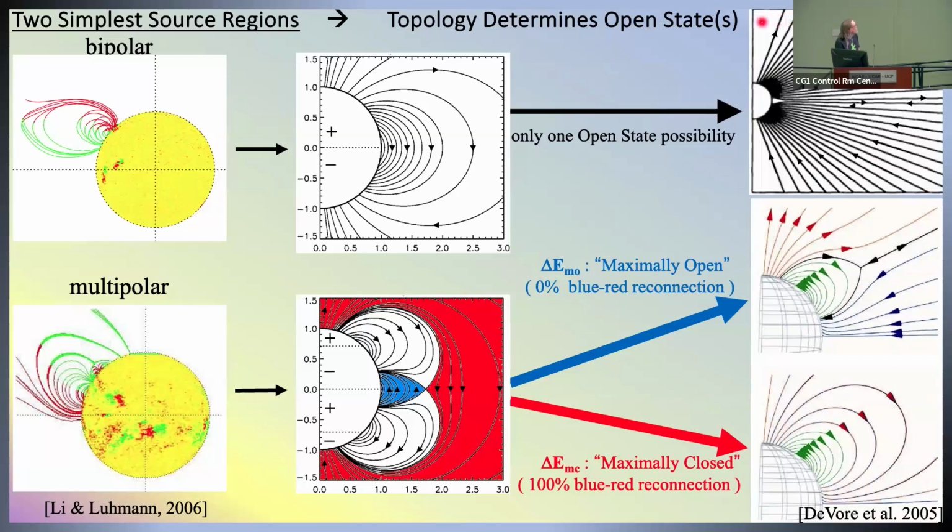Now, if I make my source region a little bit more complicated, I've now got a bunch of these separator Cs, and I've got, instead of one polarity inversion line smack in the middle of my arcade, I've actually got three. So here's a multipolar flux system.